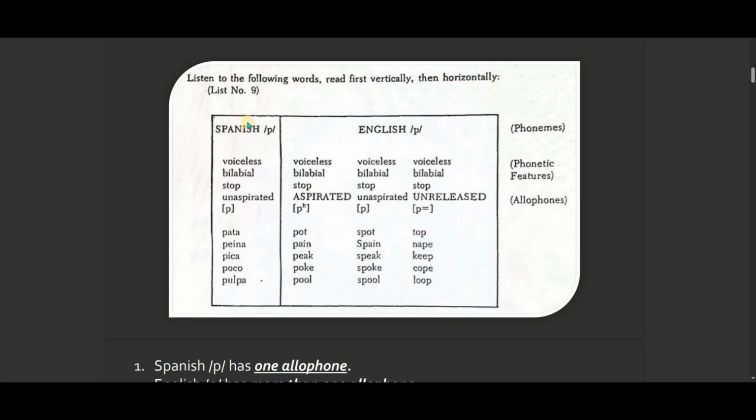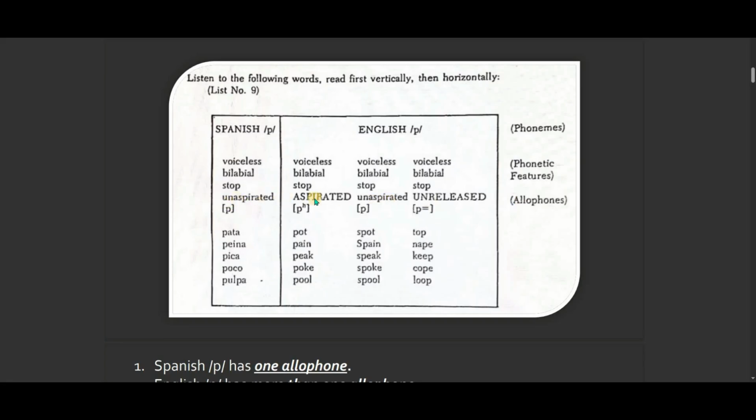First, Spanish P. In this chart, this line right here has the phonemes, P and P. This line includes the phonetic features.